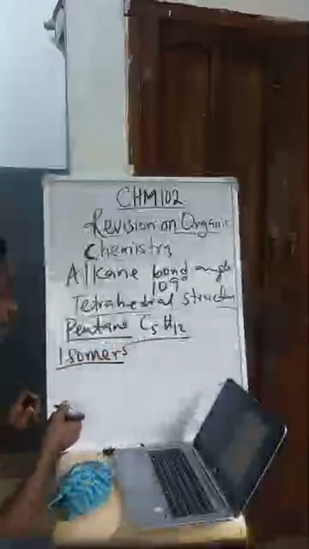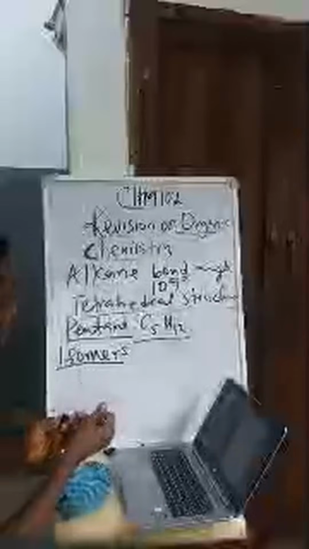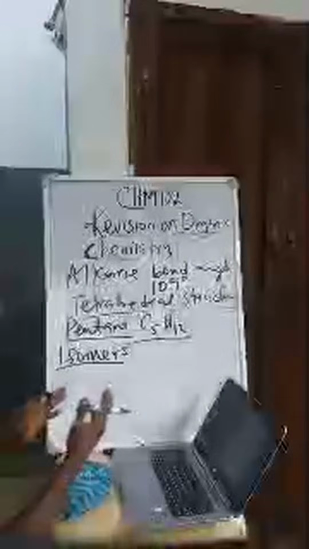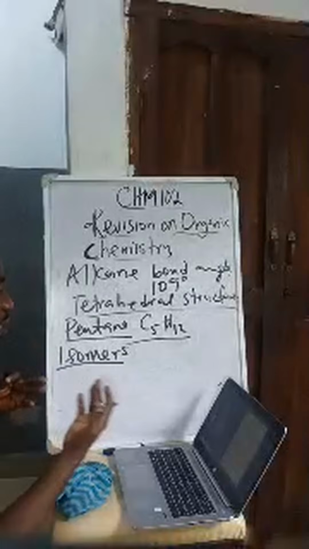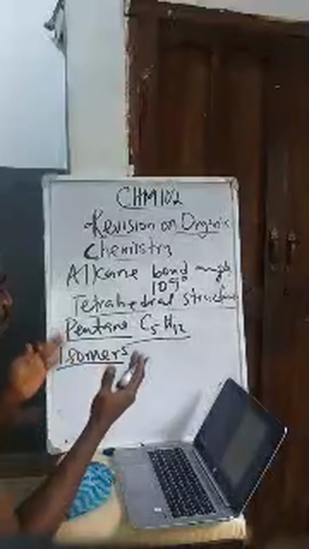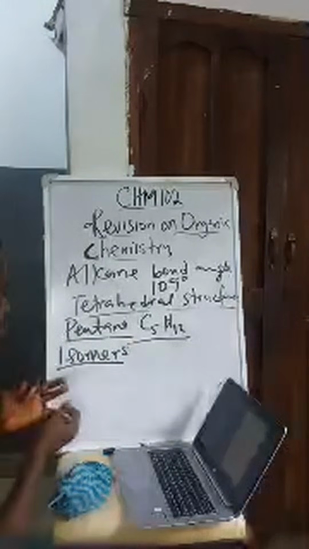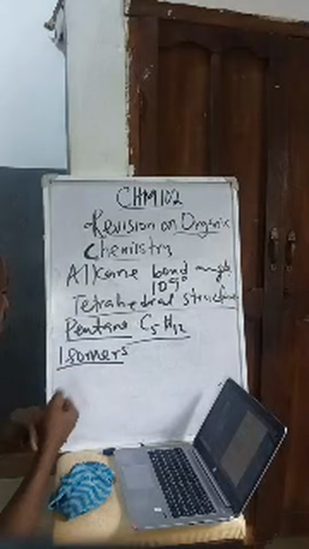So now we can get what we call isomers from pentane. Alkanes exhibit isomerism. What type of isomerism does alkane exhibit? Structural isomerism.